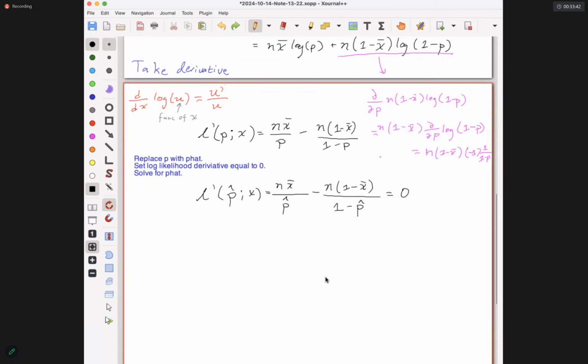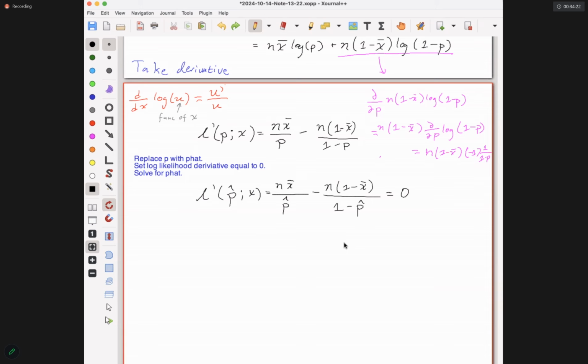And now I want to solve this for P hat. So what is my first step to that? We're looking for the MLE. To find the MLE, we need to solve this thing for P hat. How should I do that?